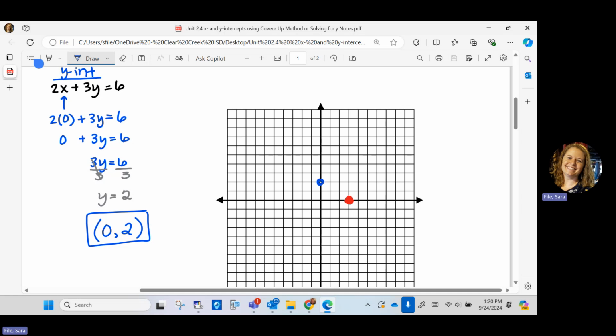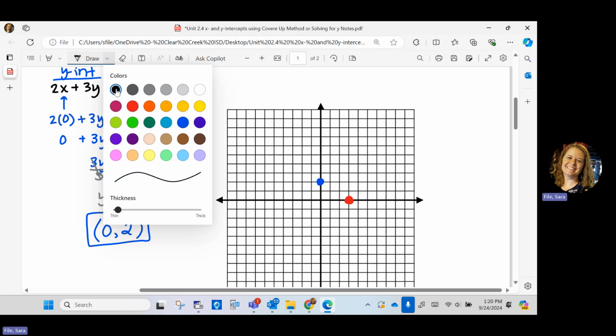Okay, so (0, 2). Once you have 2 points, you can draw a line. A line goes through any 2 points.